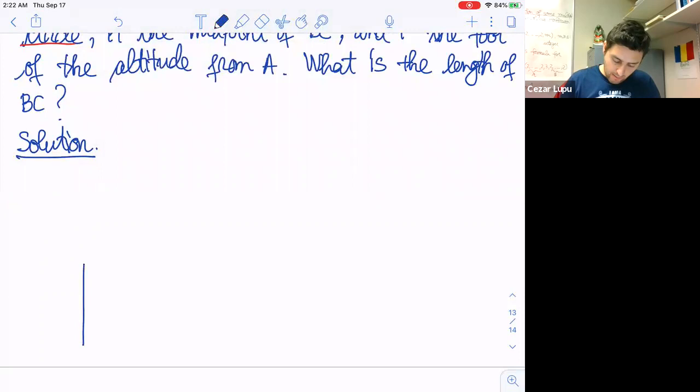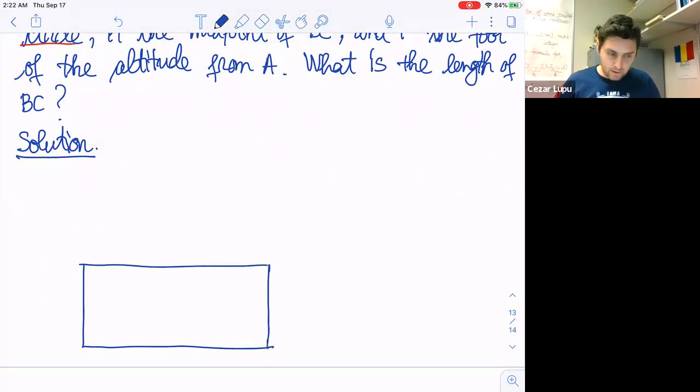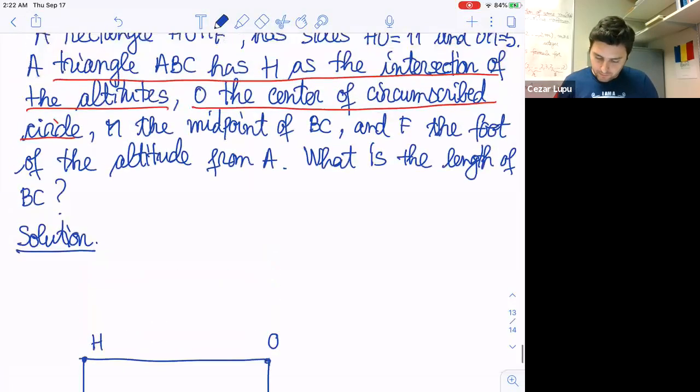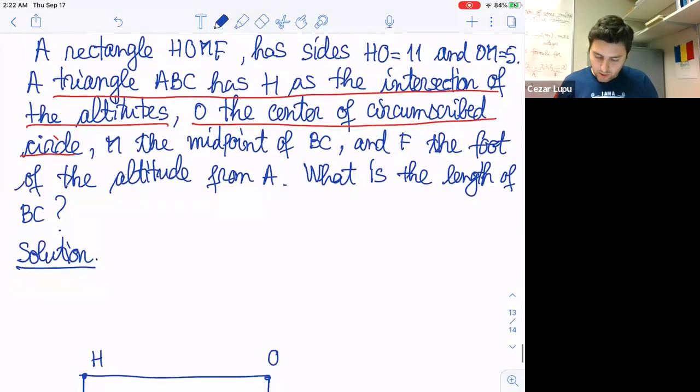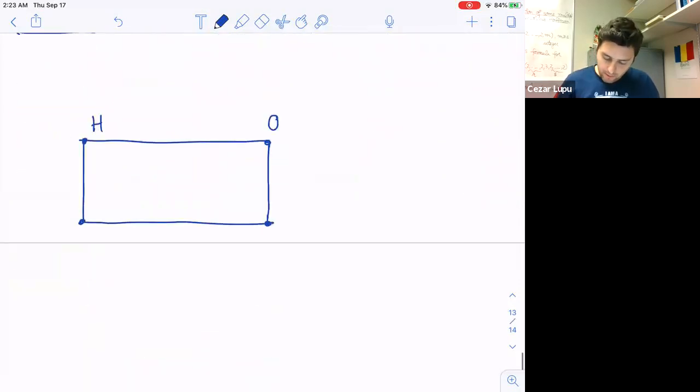So the rectangle is here, and these are the vertices, and let's call them H, O, M, F. All right, beautiful.